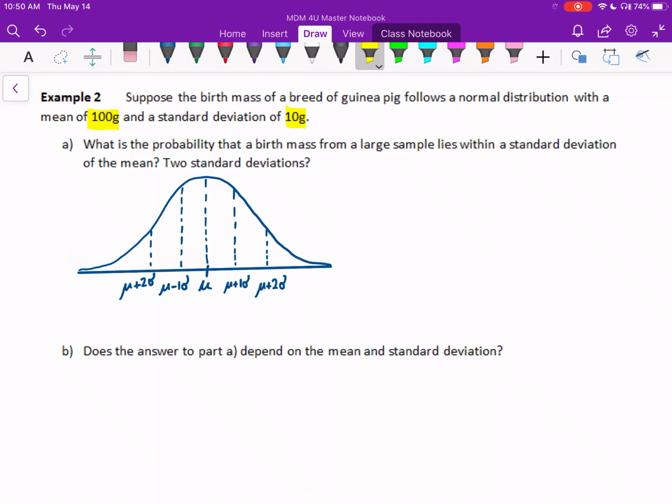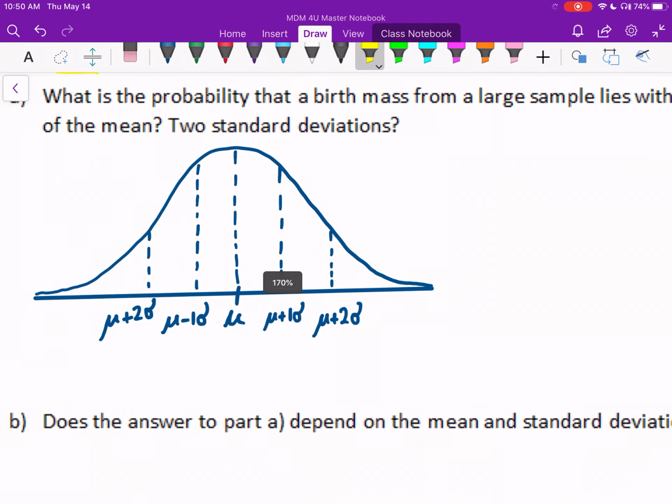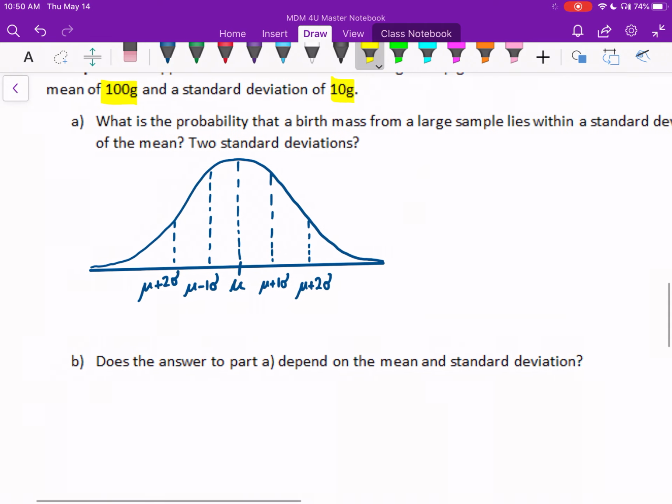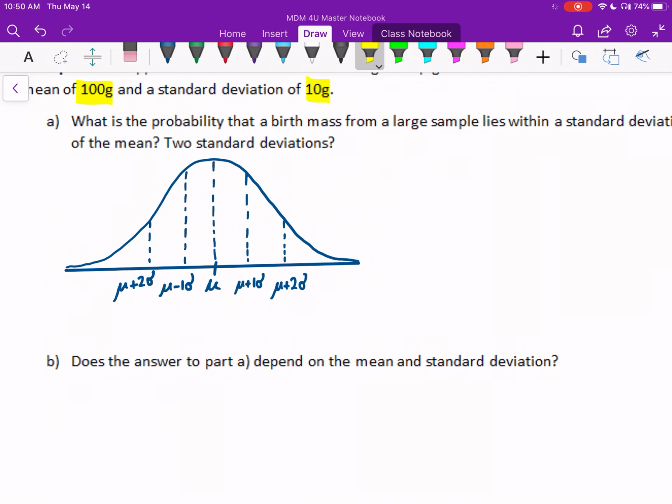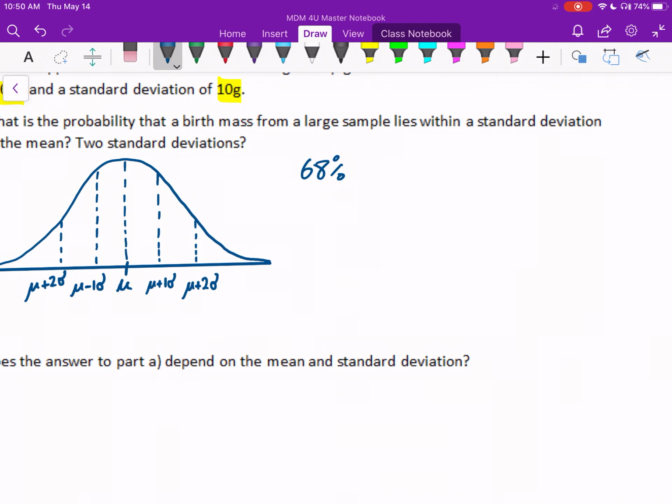As long as there is an average and there is a standard deviation, we know that always 68% fall within one standard deviation. And we say SD for standard deviation.